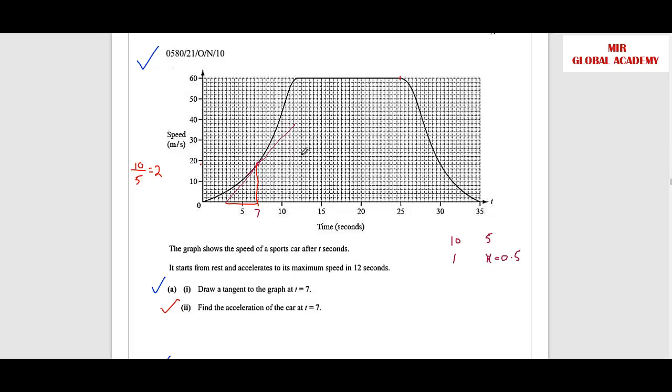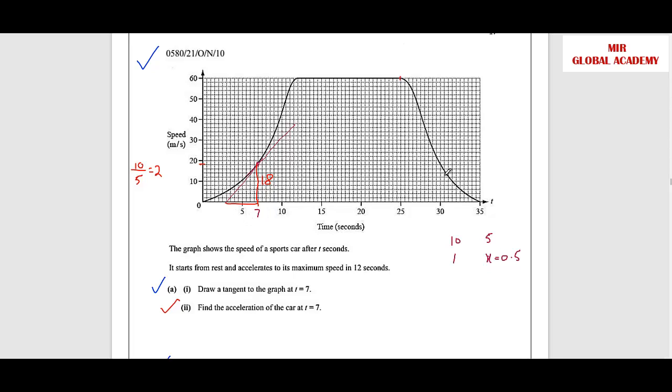And at this point, where it is 7, it touches over here. It is 20 minus 2, 18. So the rise is 18. And how much is the run?